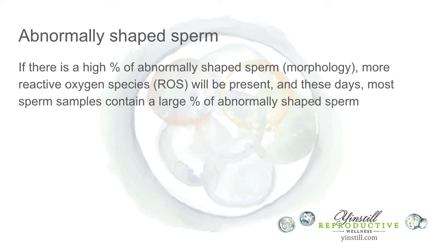Meaning if there's a high percentage of abnormally shaped sperm, or poor morphology, more reactive oxygen species, or ROS, will be present. And these days, most sperm samples contain a large percentage of abnormally shaped sperm.